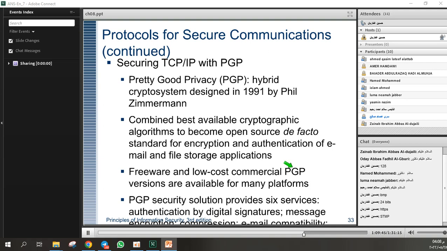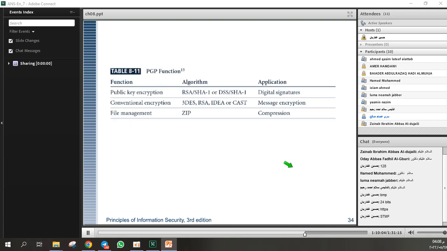PGP presents different solutions. It provides authentication using digital signature, message encryption, compression, email compatibility, segmentation, and key management. So it's a simple, low-cost protocol, but a powerful protocol.